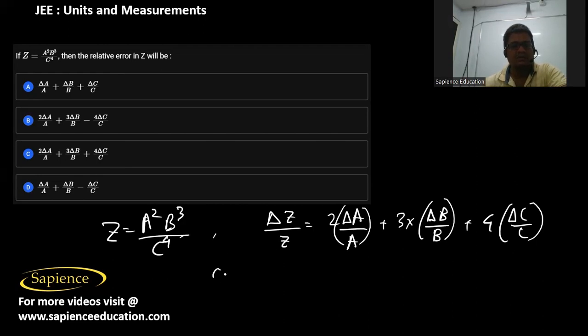So option C is the correct answer. And here we know that errors should always be added and never subtracted. So we should always add the relative errors, we should not subtract the errors. So option C is the correct answer.